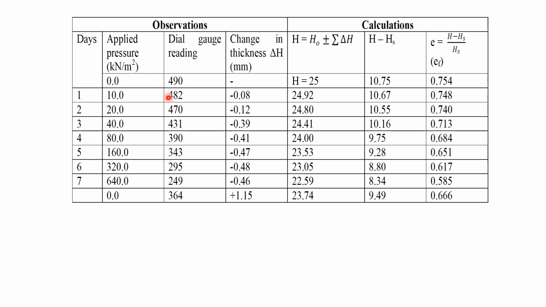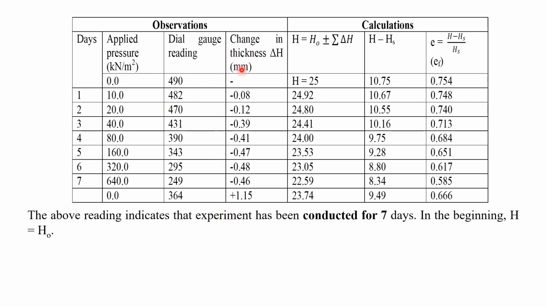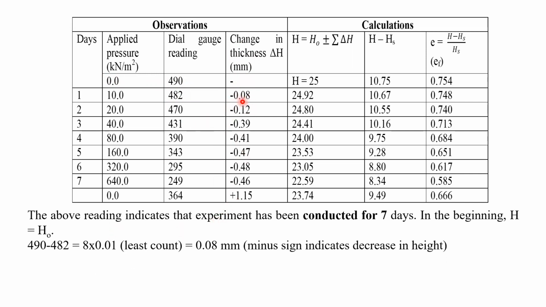What is going to happen once you put the load in the form of pressure on the hanger? The thickness is going to decrease. The reading goes to 482, so the change in thickness is minus 0.08. How does minus 0.08 come?